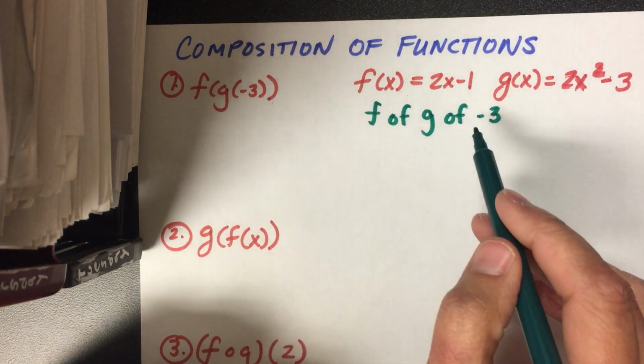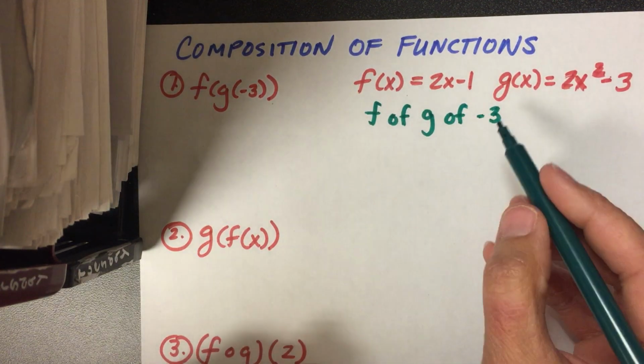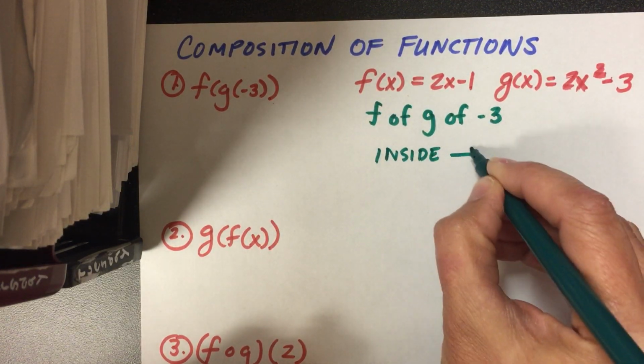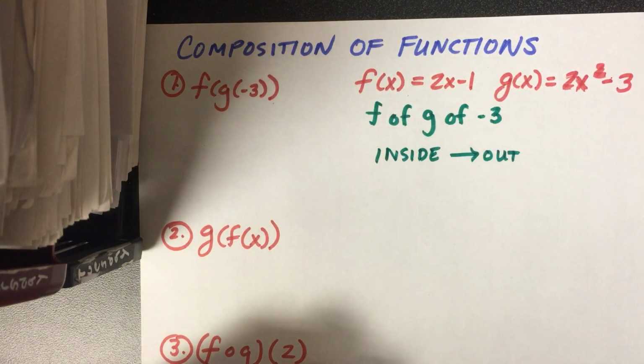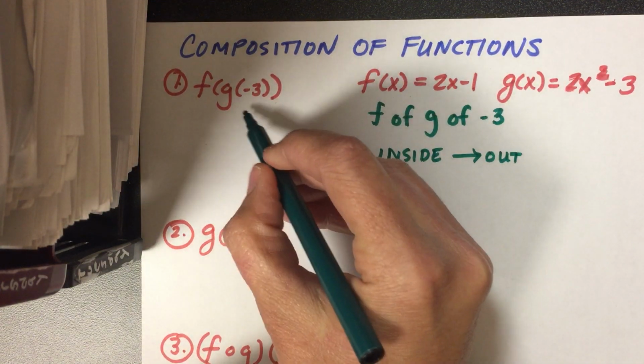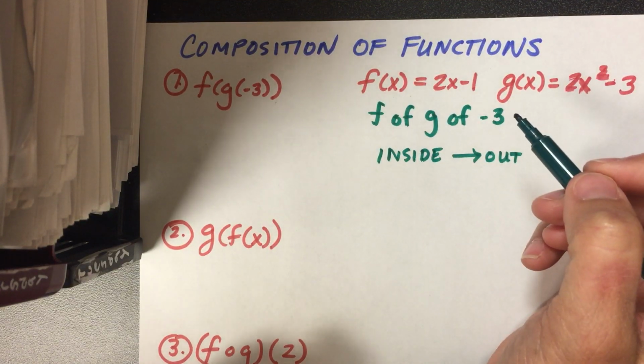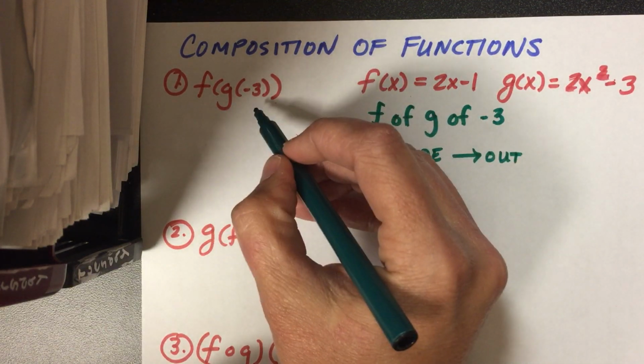So it's functions of each other. So what we do is we work inside out. You're always going to work inside out in your functions. So whatever's inside, we're going to work our way out. So the first example that we have is f of g of negative 3.